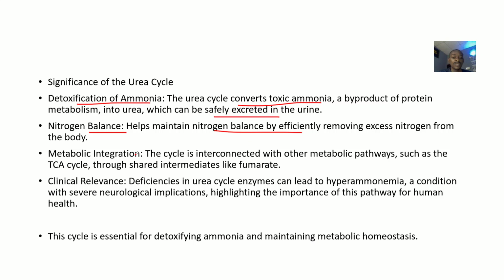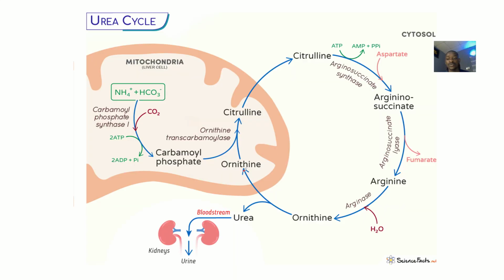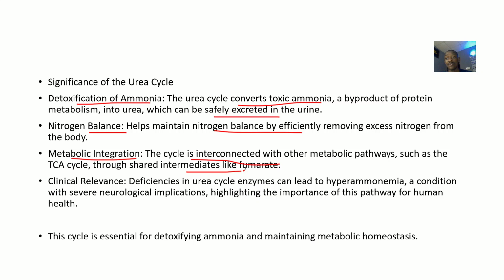For metabolic integration, the cycle is interconnected with other pathways such as the TCA cycle through shared intermediates like fumarate. So if the cycle is not present, some other cycles will not go on well.